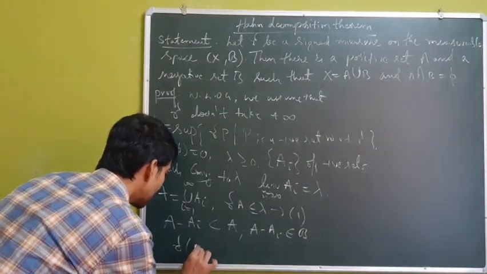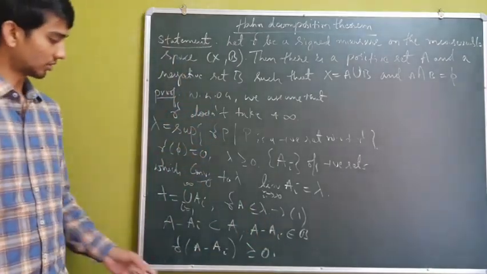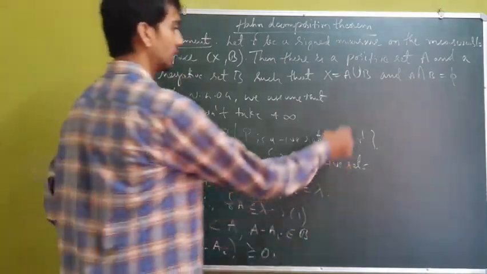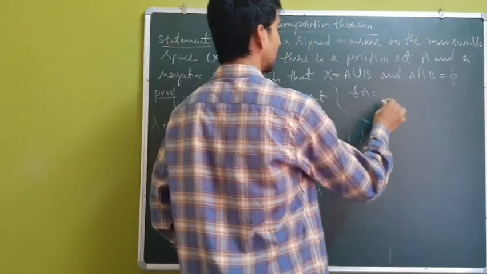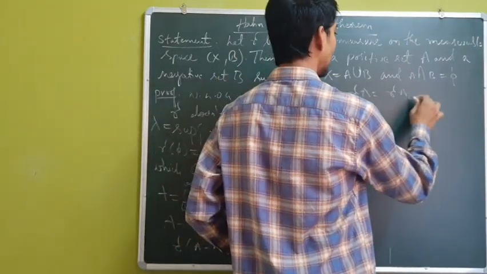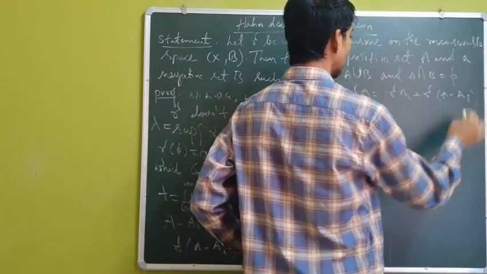Therefore, signed measure of A minus A_i is greater than or equal to 0. Having this, I will consider the signed measure of A to be equal to the signed measure of A_i plus the signed measure of A minus A_i.